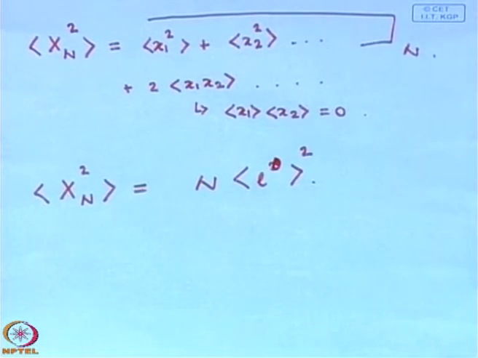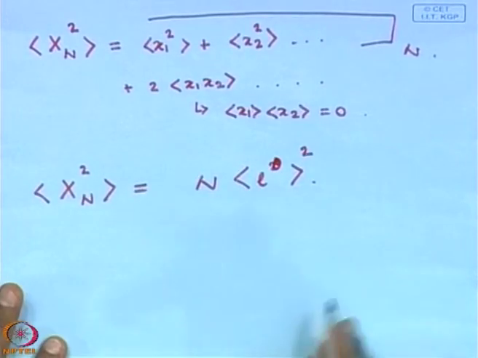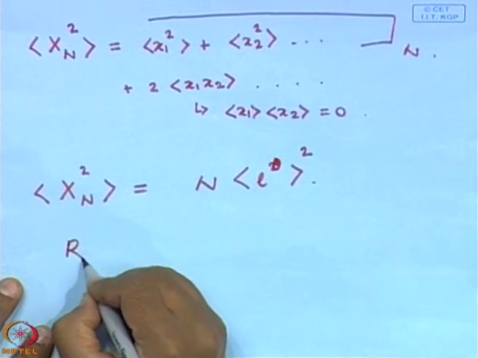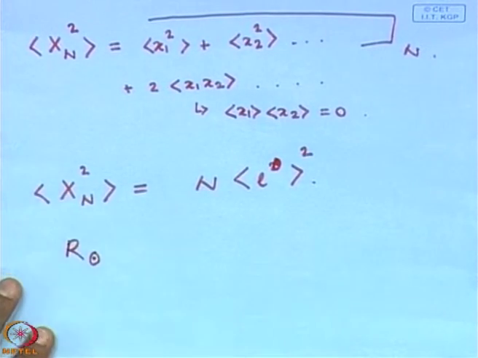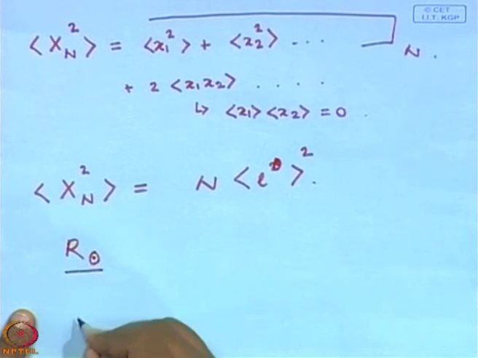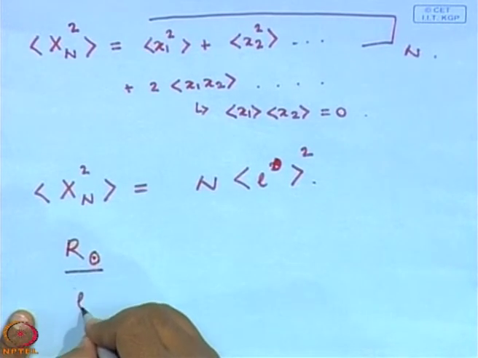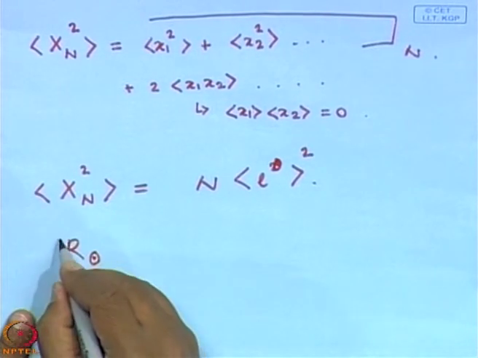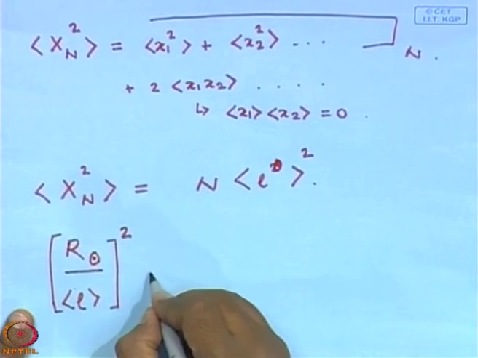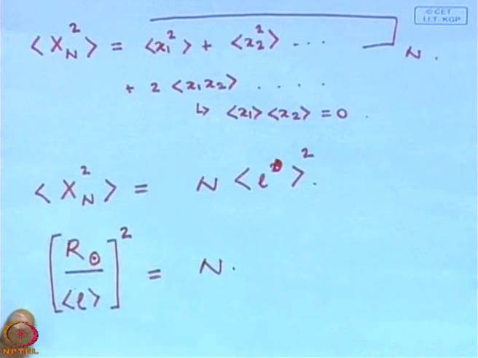Now you see that to cover a distance, the radius of the sun, the photon will need R sun by the mean free path, the square of this, these many steps.